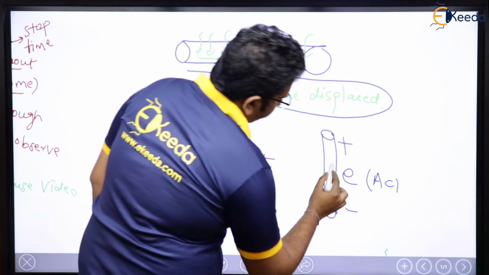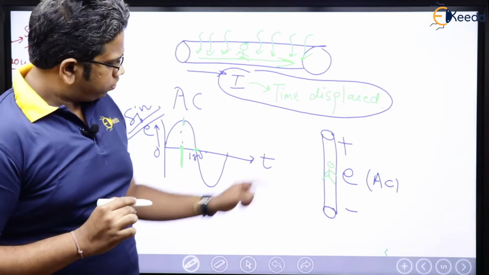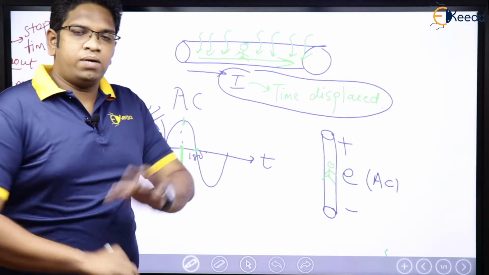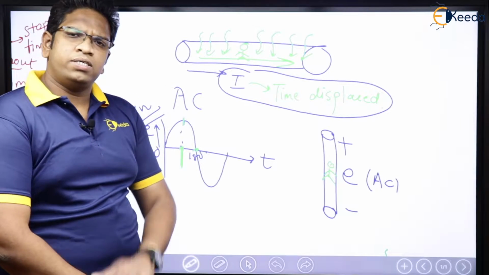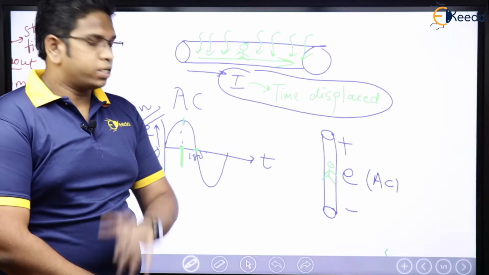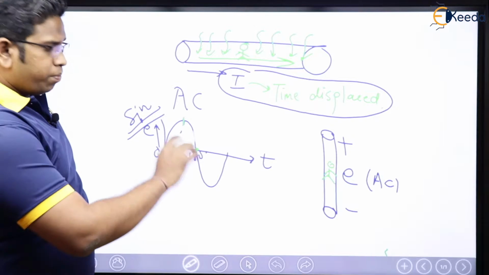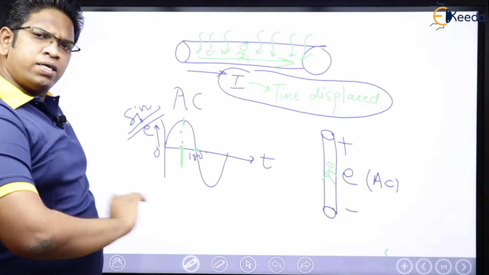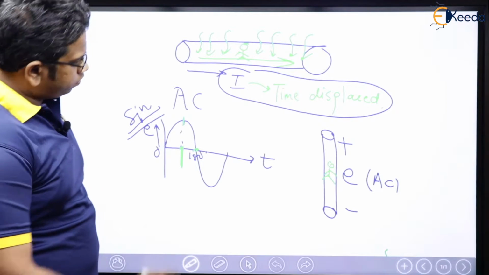Let us sit on the conductor here. I am sitting there like a lazy man, just observing. Now, what is going to happen? I am going to pass the time. Let the time pass. I am a very lazy man. Let the time pass. What will happen?